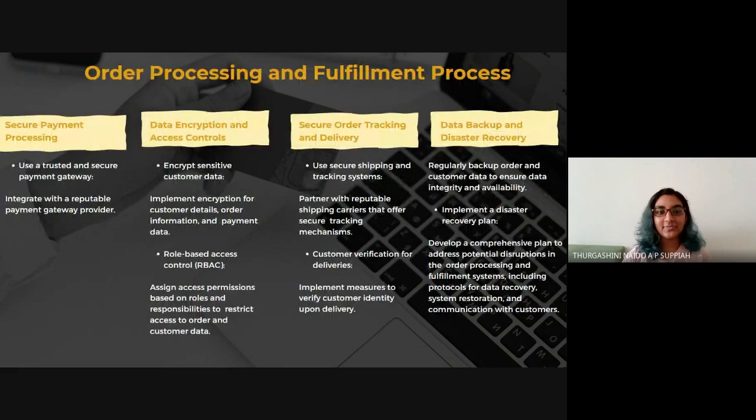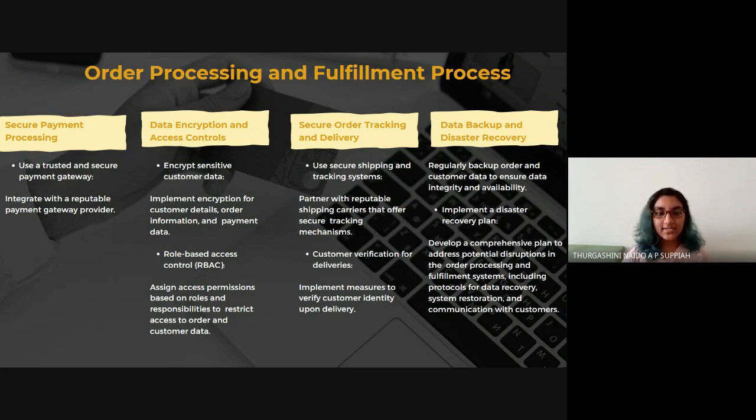The second one is the order processing and fulfillment process. For secure payment processing, we use a trusted and secure payment gateway, integrated with a reputable payment gateway provider. For data encryption and access controls, we encrypt sensitive customer data, implementing encryption for customer details and so on.